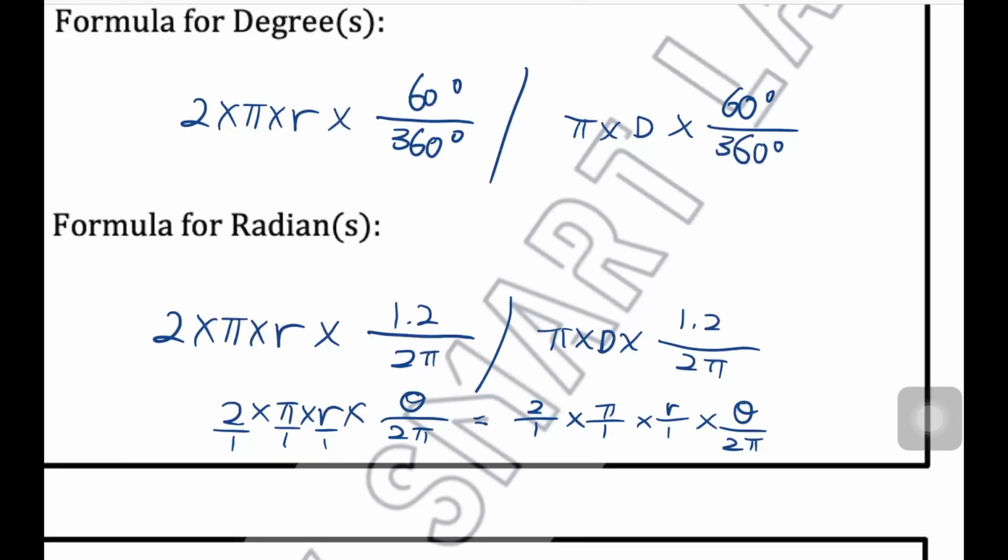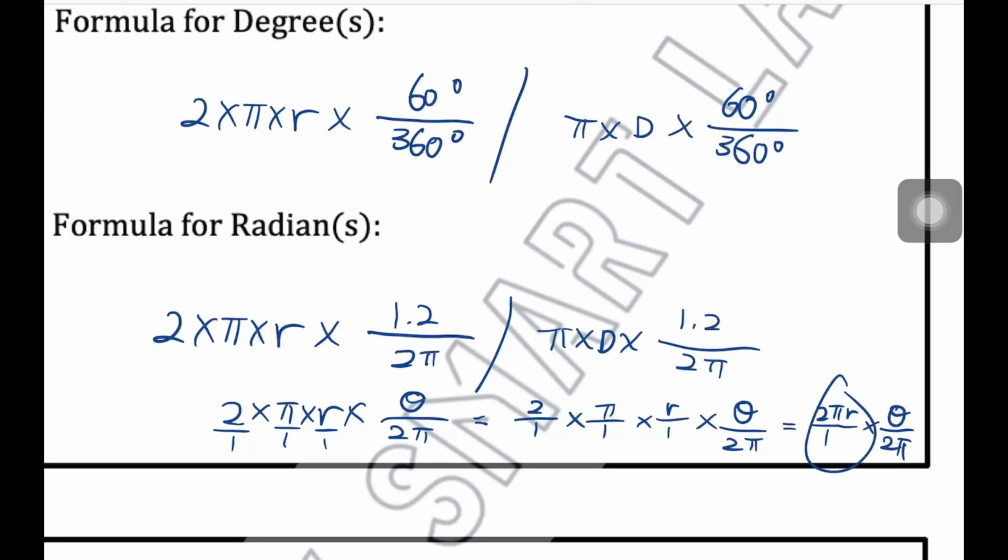If this method is a bit uncomfortable for you, we can combine all the fractions first. Fraction times fraction is numerator times numerator, denominator times denominator. So you get 2 pi over 1, multiplied by r over 1, so that is 2 pi r over 1. Then you still have theta over 2 pi.